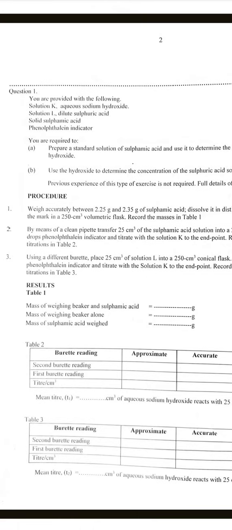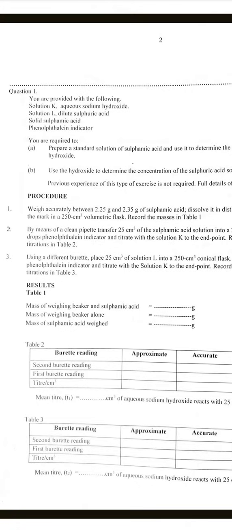The indicator used is phenolphthalein, and it was added to the acid. When you start titrating with the base, the color will change to pale pink. That is the color at the end point. So when you see a pale pink color, you stop and then you record.